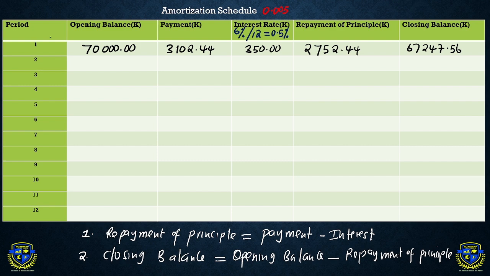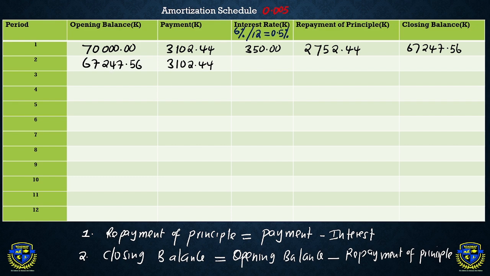So I'm going to say that the opening balance in this case is 67,247.56. Remember, the equal payment will be the same throughout the period. Now, the interest will be 0.005 multiplied by the opening balance.